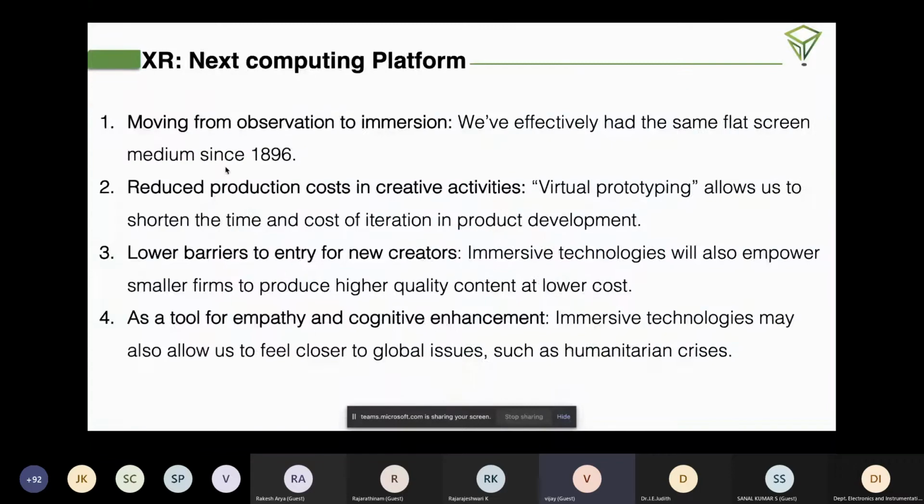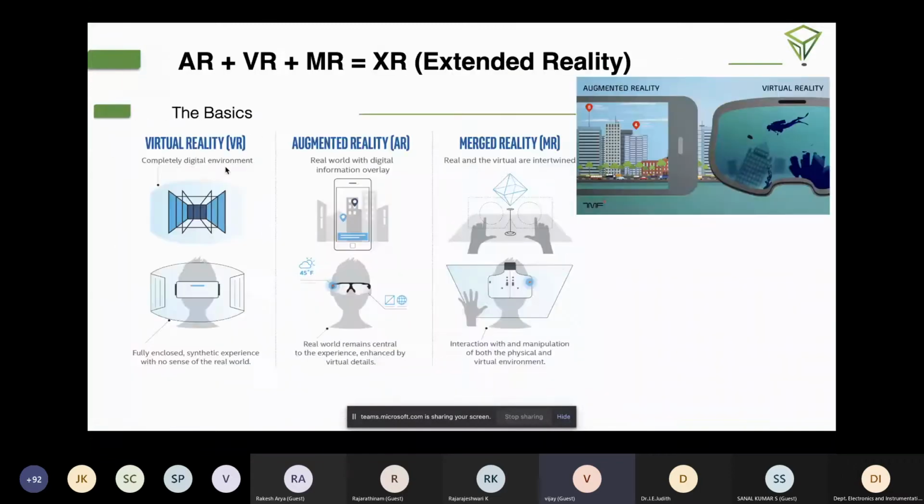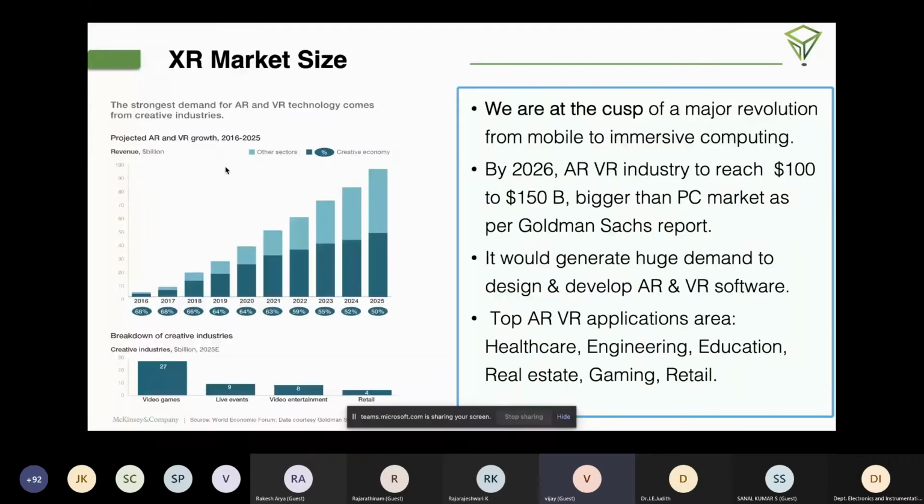The next slide. I won't spend too much time on this. Just to put things in perspective, it's a large market. In the coming 5 years, the XR market is going to be as big as the PC market, upwards of $100 billion.